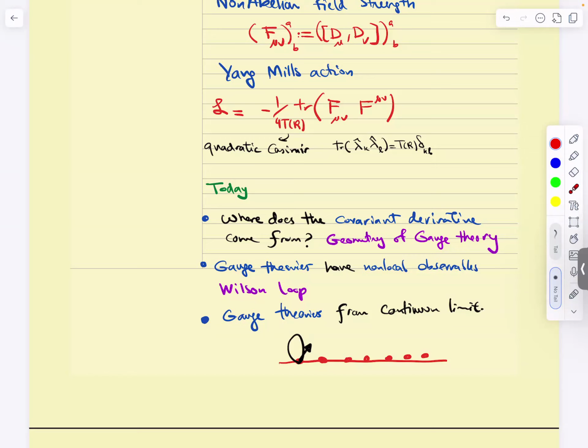So what is a lattice? A lattice, let's say 1D lattice. What is it made out of? A lattice is generally a graph, right? It has a bunch of vertices and a bunch of links. The links are organized in a very nice way, connecting nearest neighbors. Where do you put the degrees of freedom in the Ising model?